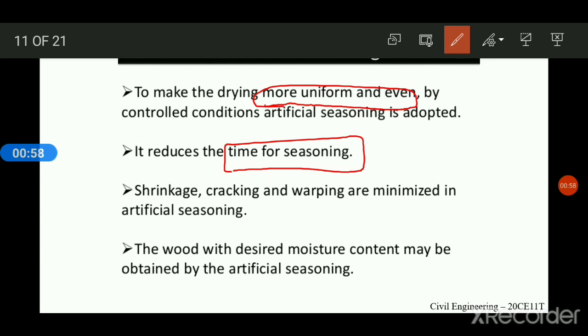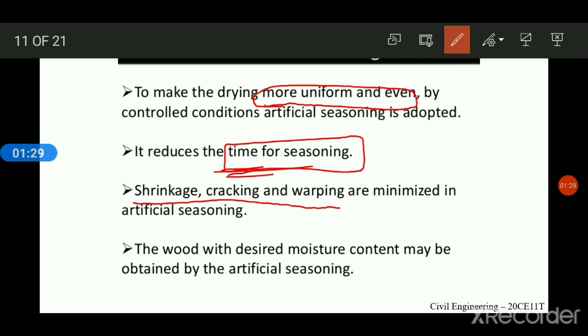So it will reduce the time for seasoning, because there are four methods in artificial seasoning. I'll explain in the coming slides. Obviously, shrinkage, cracking, and warping are minimized in this type of seasoning. The wood with desired moisture content may be obtained by artificial seasoning.